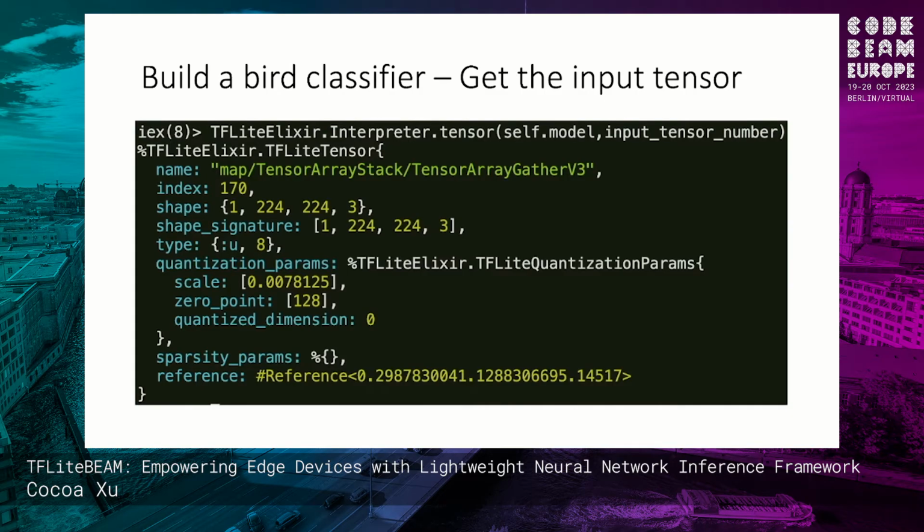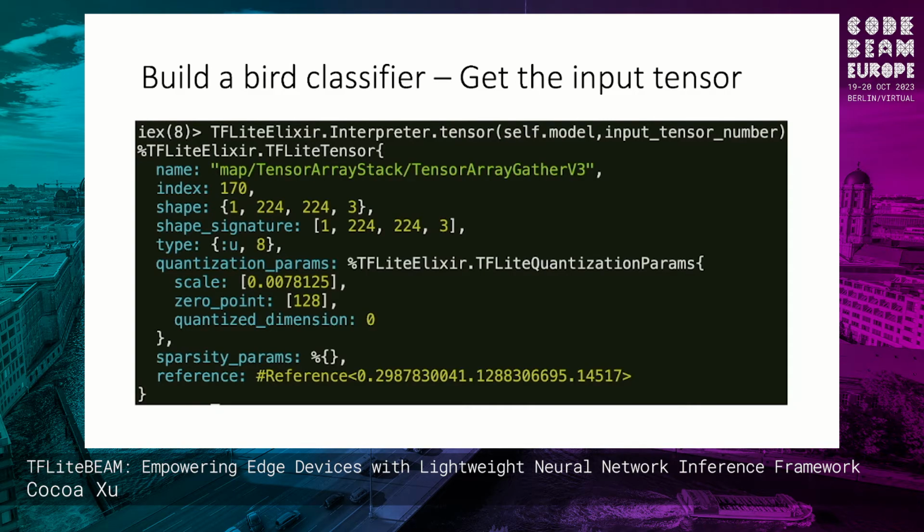The shape is in NHWC format, which means N stands for the number of inputs, H stands for the height, W stands for the width of the image, and C stands for the number of channels of that image. So here it means that we need to pass a 3-channel image, and its size should be 224 by 224. Actually, you can see something like quantization parameters below.